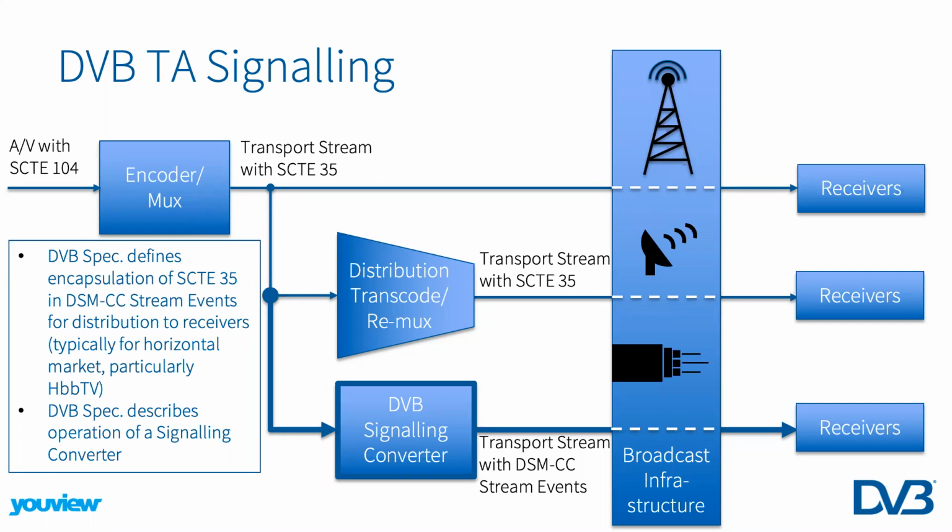And the reason for doing this is that the main target population for horizontal devices corresponds to the HbbTV ones, and these do have support for DSMCC stream events, but they do not directly support reception of SCT35 within the HbbTV specifications. So on the next slide, please.